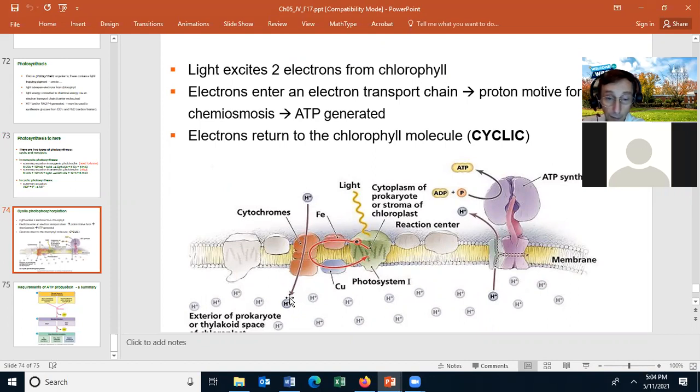That creates a twofold gradient: there's more hydrogen on this side of the membrane than that side, and there are more positive charges on this side of the membrane than that side. The hydrogen ions will want to move to the other side of the membrane by the laws of diffusion, as well as, you could say, by the laws of electrostatic attraction.